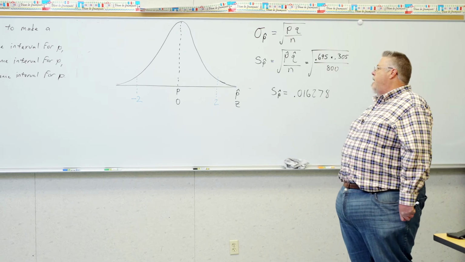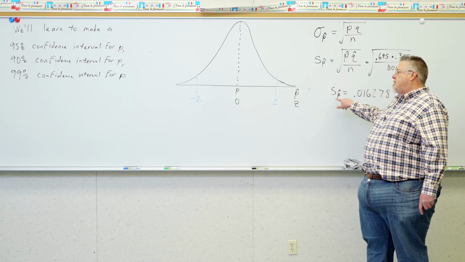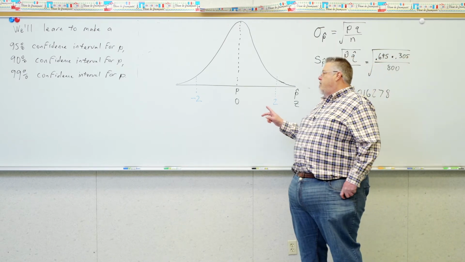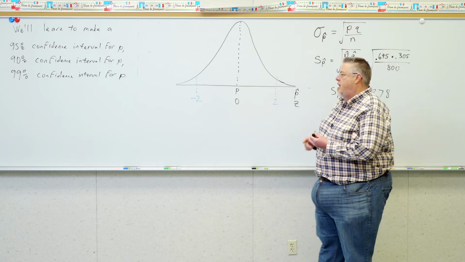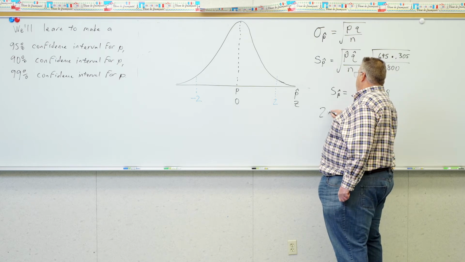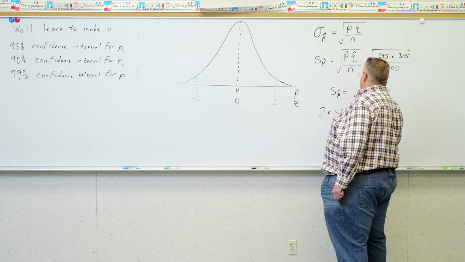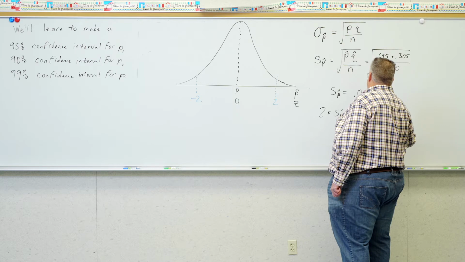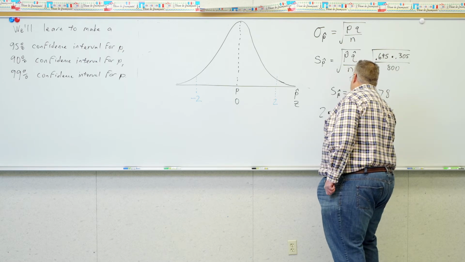All right. Now, again, this is my estimate of the size of the standard deviation, but we think, you know, I might be off by as many as 2 standard deviations. So I'm going to have 2 times S of p hat, which is 2 times 0.016278, my error estimate.